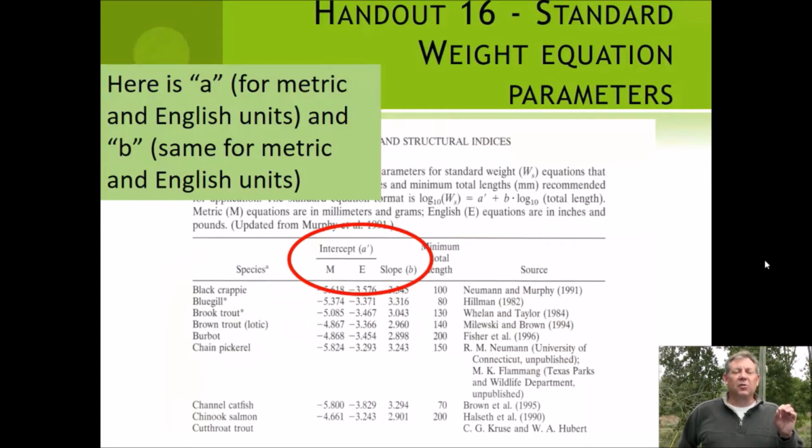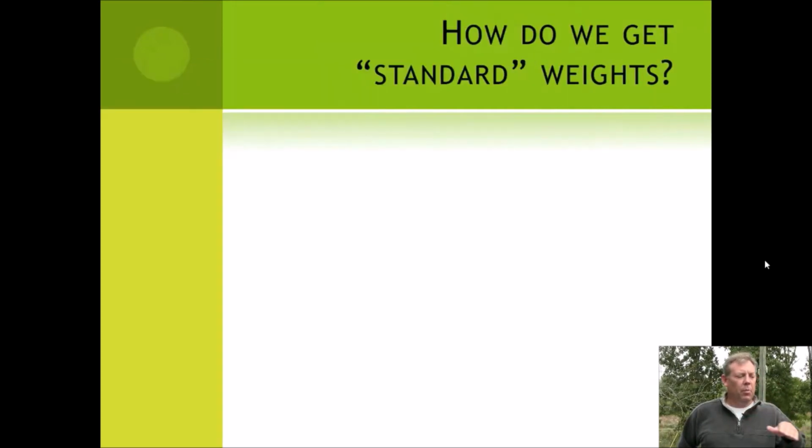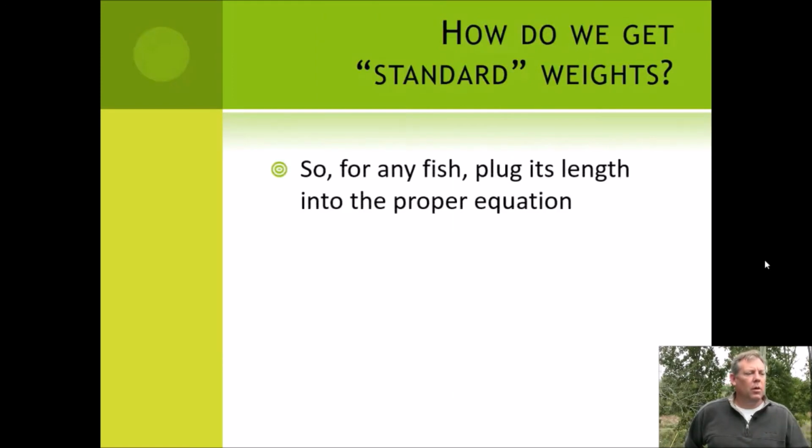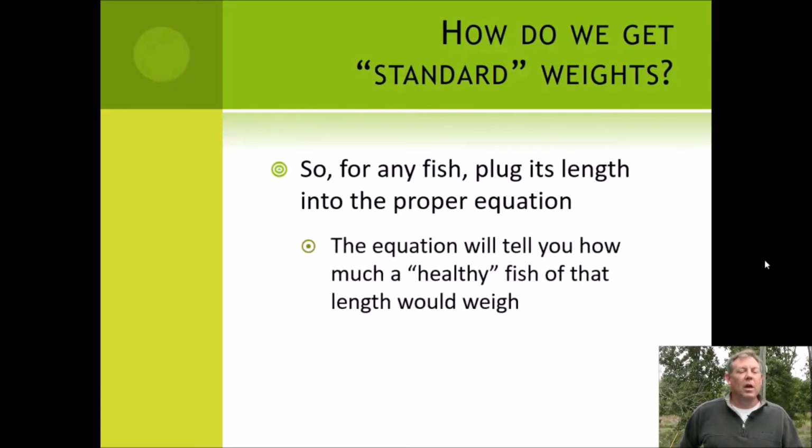And then it also gives the slope of that log transform line, and that's always the same no matter whether you're in English or metric units. And so for your species, you go look up the value of A, the value of B. That gives you the equation. Each fish has a length, and that length is plugged into this equation to give the standard weight for that length. And that tells you how much a healthy fish should weigh.